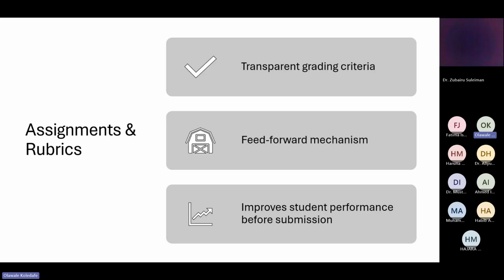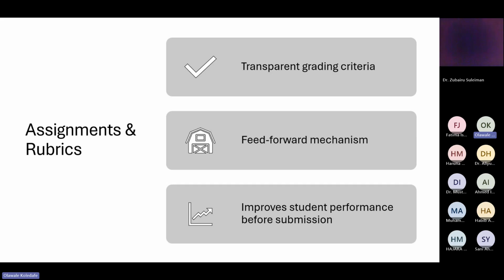So learning for them will be their ability to provide the valid response based on your set criteria. So it is also a form of a feed-forward mechanism.